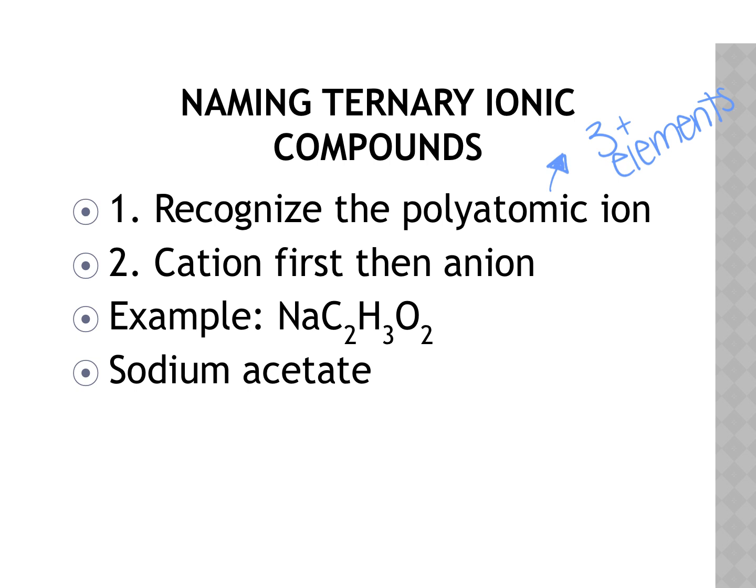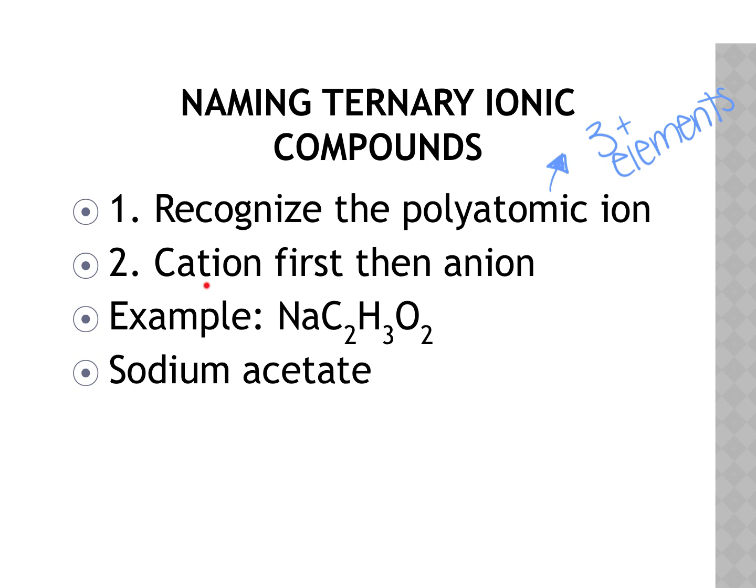How can you tell different elements in a formula? Capitals. Okay, so you would see 3 or more capital letters. Okay, so if you see 3 or more capital letters, that's your indicator that this is going to have a polyatomic ion in it. Okay. And then it takes a little practice recognizing which one's the single element, which one's the polyatomic.